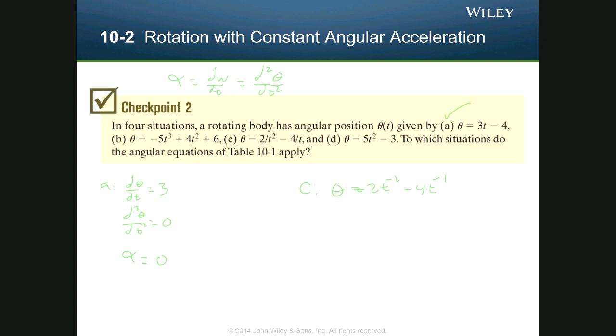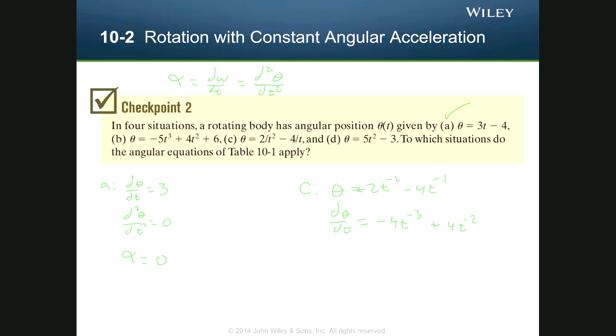So d theta dt is going to equal minus 4t to the minus 3 plus 4t to the minus 2.